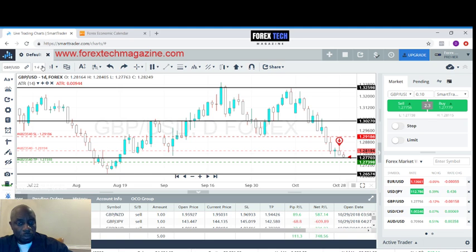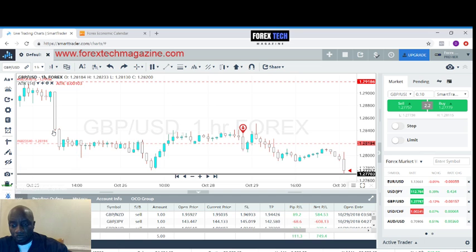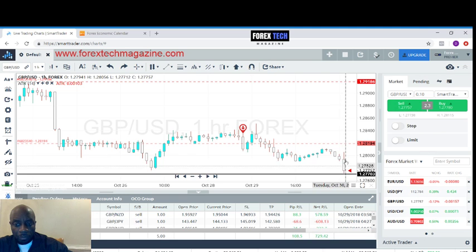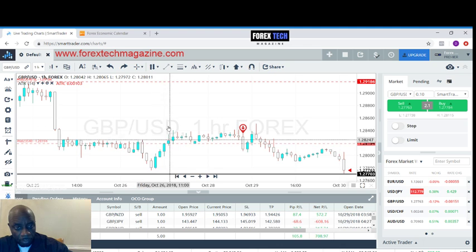Let me put this on an hourly chart. Yeah, so that was a pretty nice, strong, downward move right there. Right, it's good, strong downward candlestick. The great thing about that candlestick is that it creates a lower low than what was previous here.